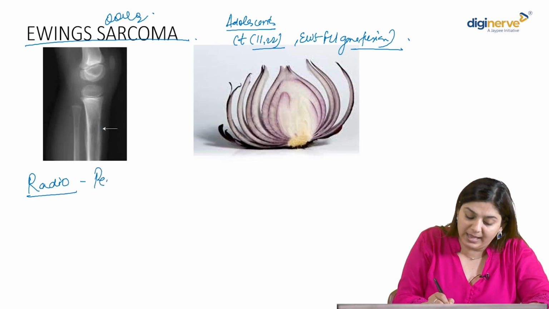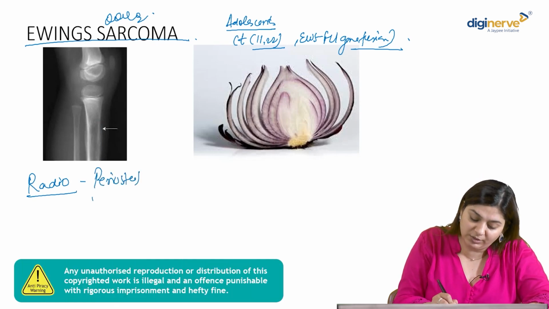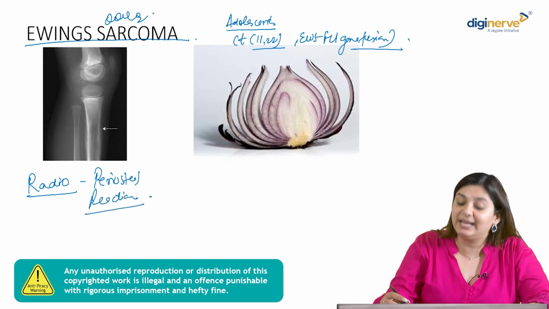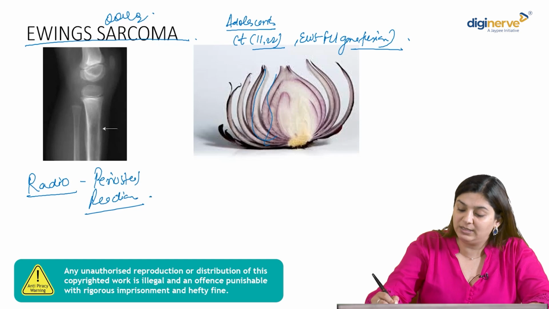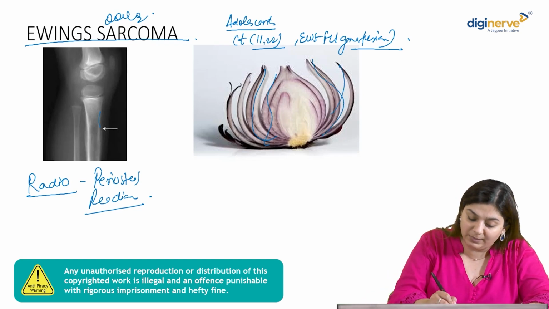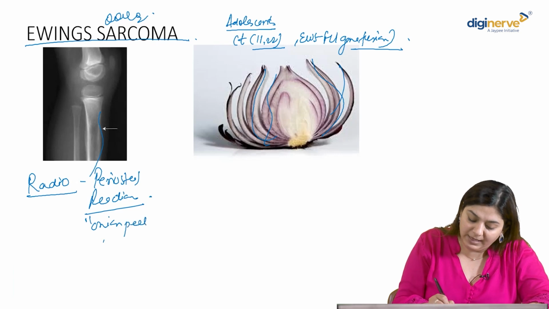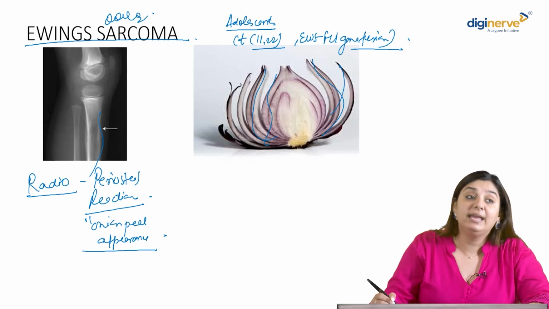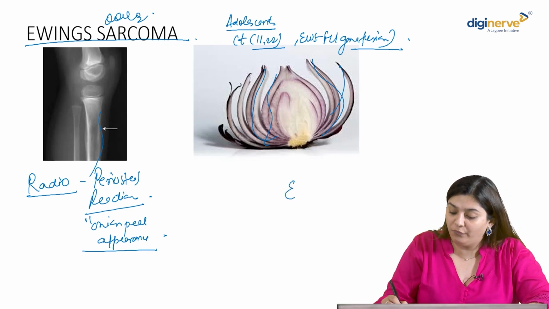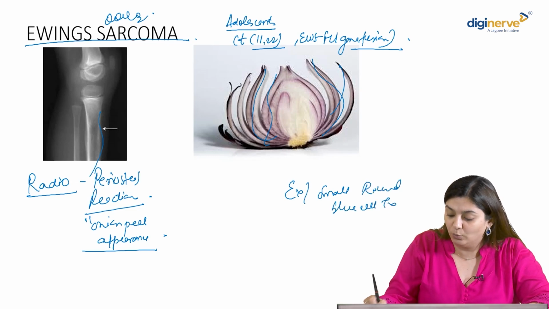Radiologically, there is periosteal reaction, which resembles the peels of our onion. Can you see these? These are the peel of onion, and similarly this. So this is onion peel appearance. It is an example of small round blue cell tumor.